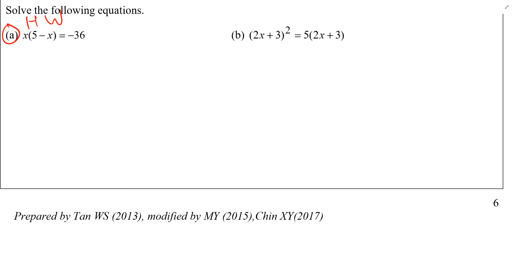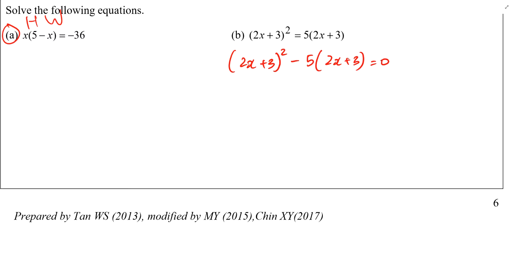Yeah, 2x plus 3 equal to 5. You skip too many steps already, until I don't even know whether it's right or wrong. First step, (2x plus 3) squared minus 5(2x plus 3) equals to 0. Bring everything to one side so that the right hand side equals 0. Now next step, what do we do?